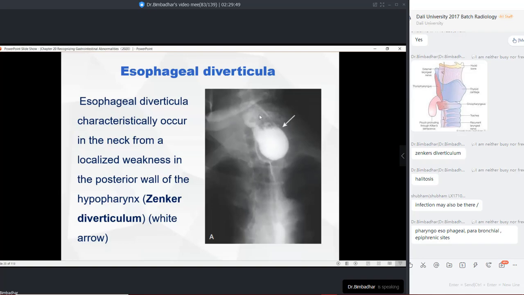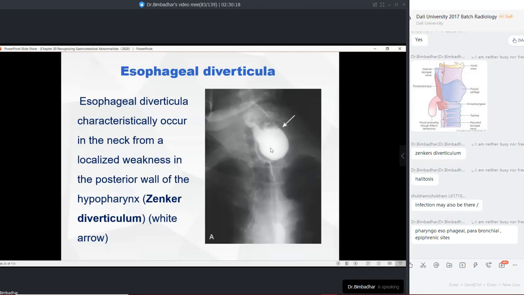And that is direct evidence. You can see here this is seen as the collection of the barium material, which is shown as a bag-like structure, okay? And now it is shining up as a light bulb. You can also call this the bulb sign, or an outpouching collection of the barium inside the diverticula.